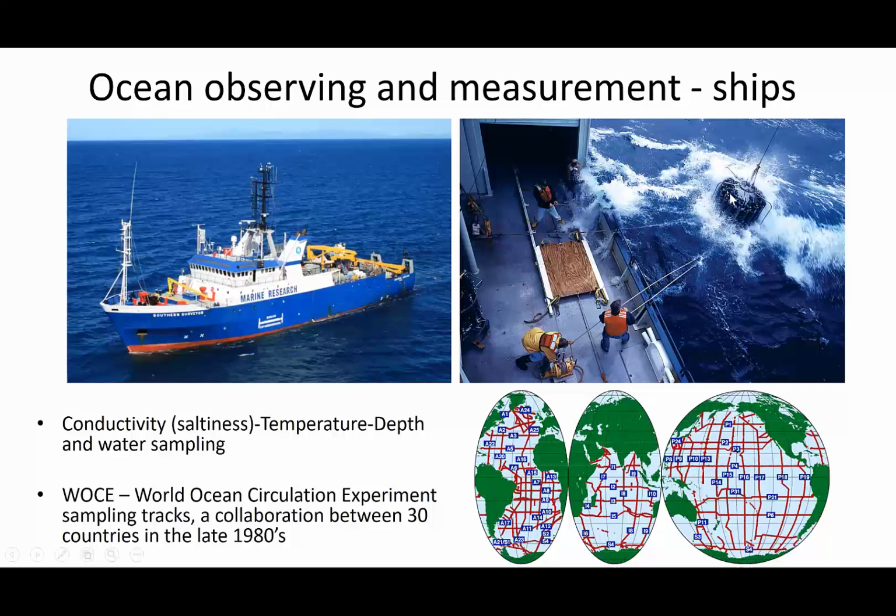And they trigger these caps to close so that you collect a water sample at a known particular depth. And so as they're bringing this up, a rosette like this one shown here would have 24 bottles on it, so they'd be able to take 24 water samples at different depths as they bring the rosette back to the surface.